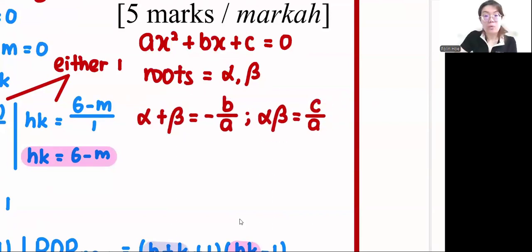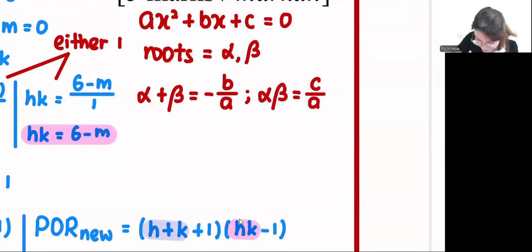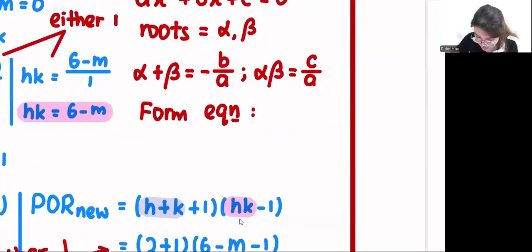Okay? So when you are going to form new equation, we are going to use x squared minus sum of roots. Okay, I write SOR.